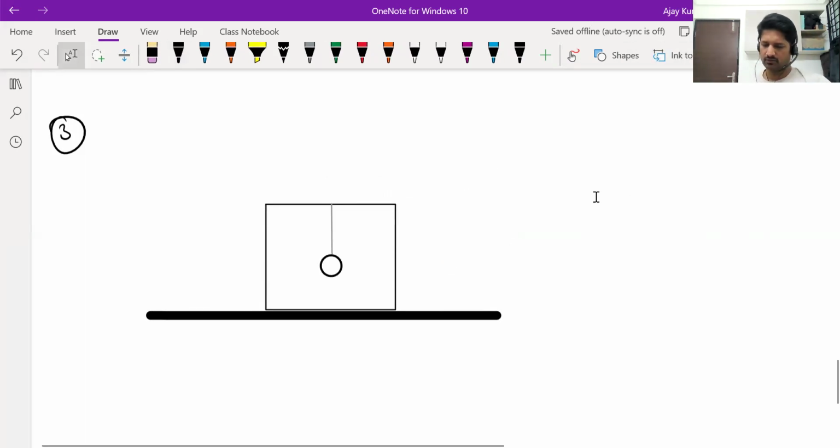So suppose there's a container, cabin, car, you can consider it whatever you want.